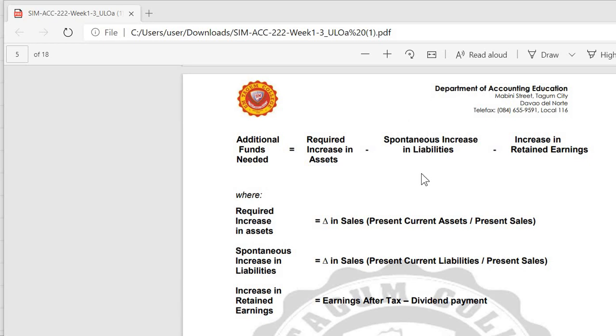For the spontaneous increase in liabilities, your change in sales, which is again 400,000, you multiply it with the present current liabilities and divide it by your present sales. And then your increase in retained earnings, as I've said, is your earnings after tax minus your dividend payment.